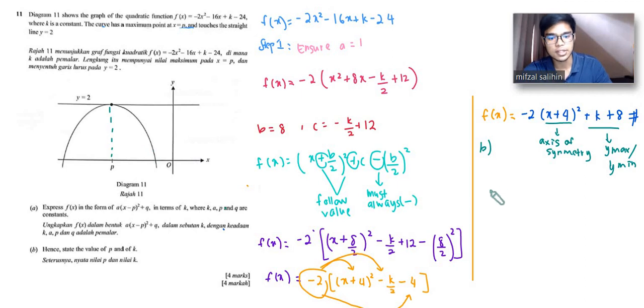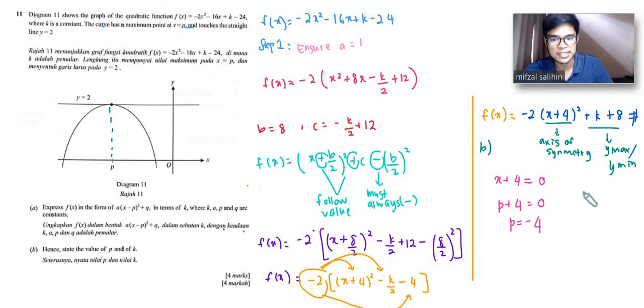So here's how we'll get the value of p. We take the value of x plus 4 and make it equivalent to 0. We substitute the value of x with p, making p our subject. Hence, the final answer for p is negative 4.